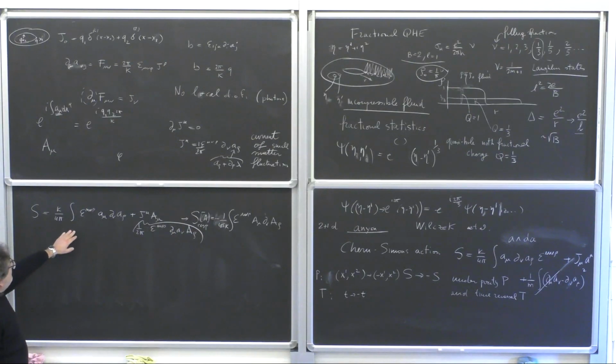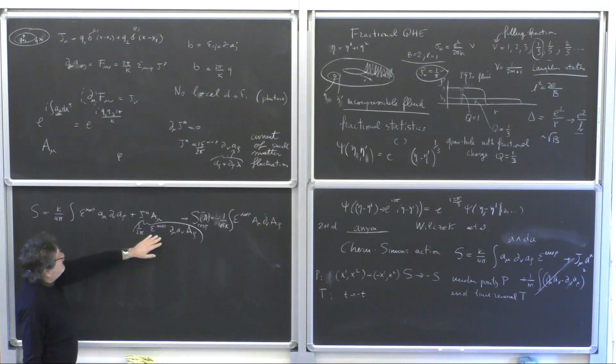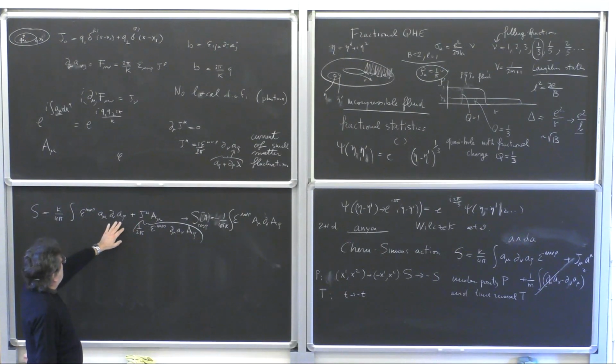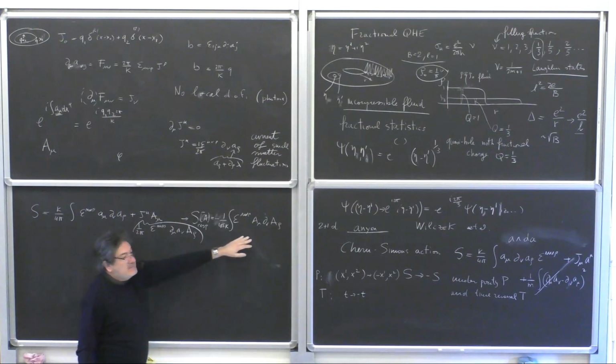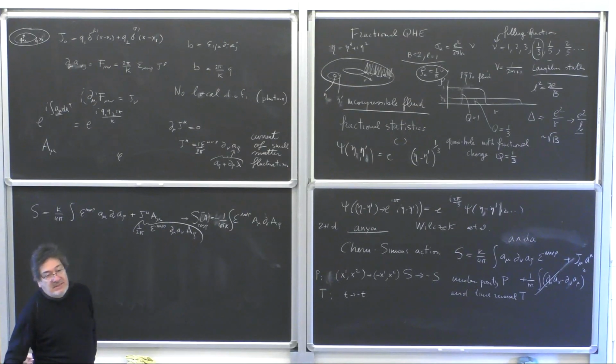How do I get this? Well, this is simply completing the square, because for a quadratic theory, integrating out the field is like taking the extremum of this action. The extremum is given by the equation of motion, and you substitute the equation of motion back. This is the same as completing the square. Maybe you saw it: it's a Gaussian integral in a path integral, or if you want, you solve the equation of motion and substitute back.